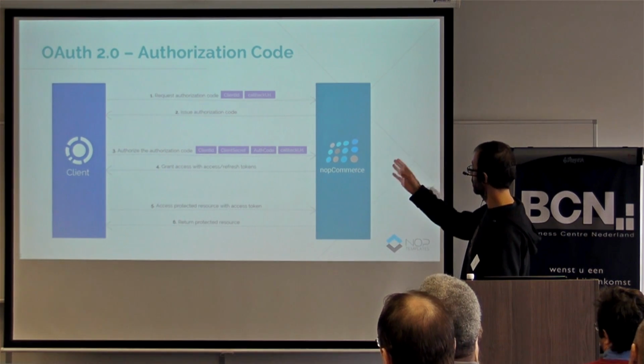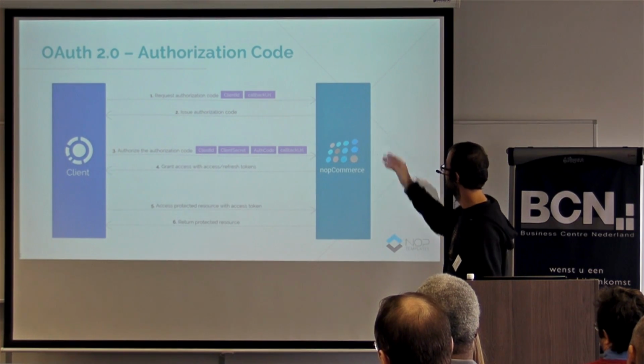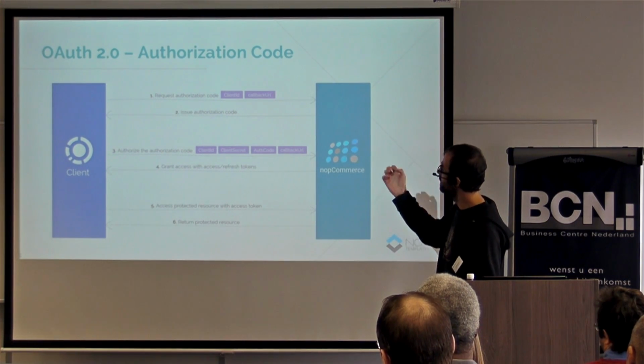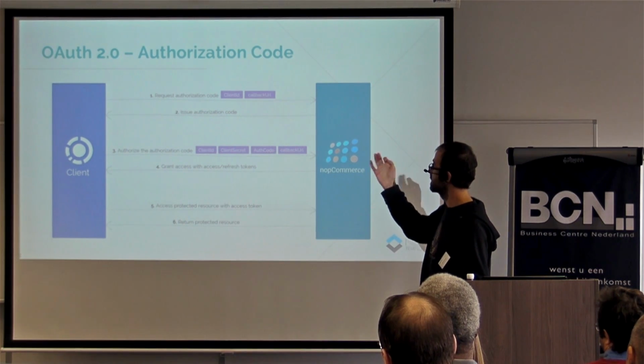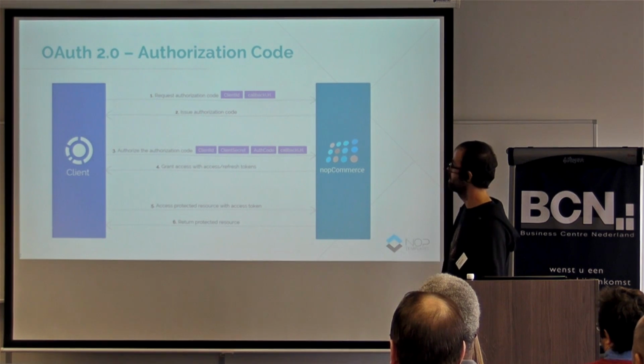I'll just briefly walk you through the workflow. So the client sends a request to the server and basically says, this is me, this is where I'm located, please give me access.